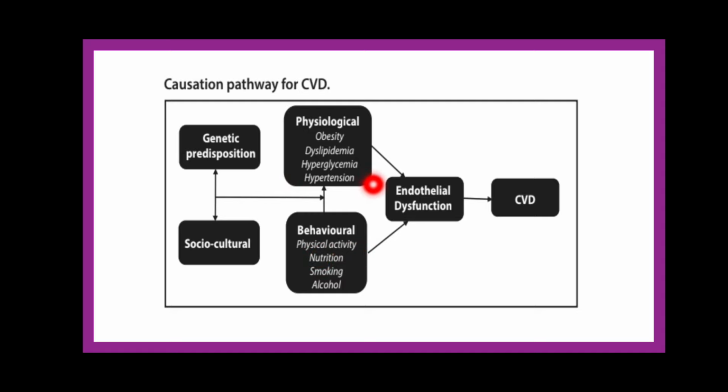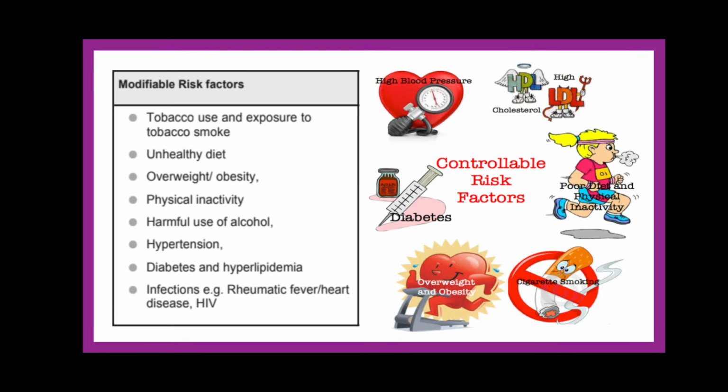Hyperglycemia, an increase in the sugar level, we can again control through diet and some regular exercise. Hypertension we can again control through our day-to-day routine, controlling stress and bad habits such as smoking and alcoholism. Eventually these factors cumulatively lead to endothelial dysfunction and eventually cardiovascular disease. So this is a general pathway, wherein we are going to talk about the risk factors.